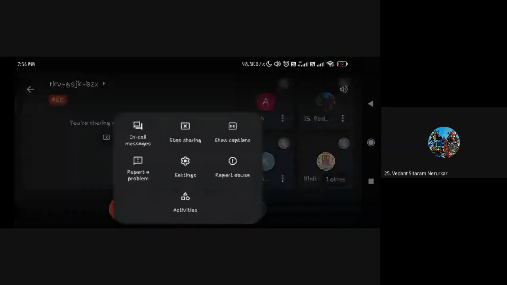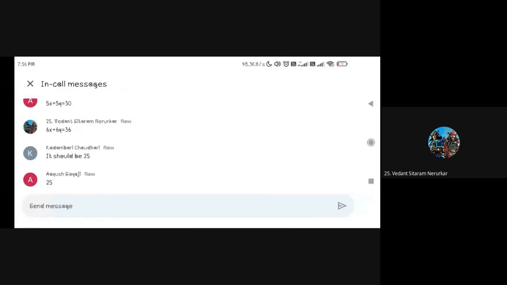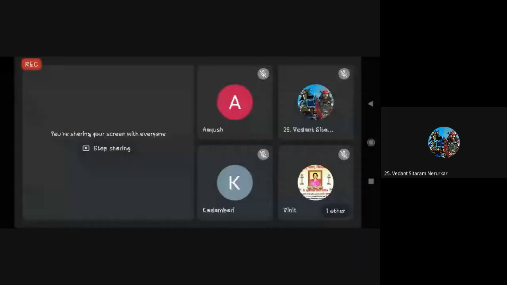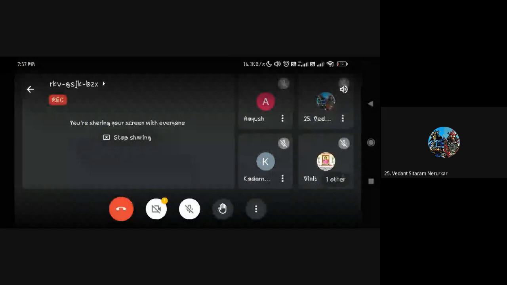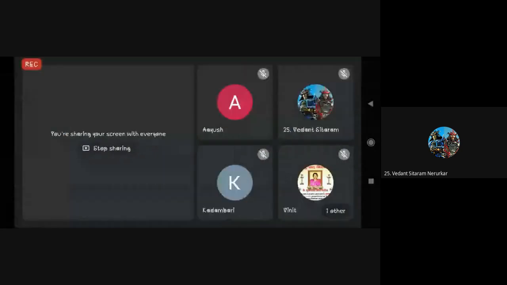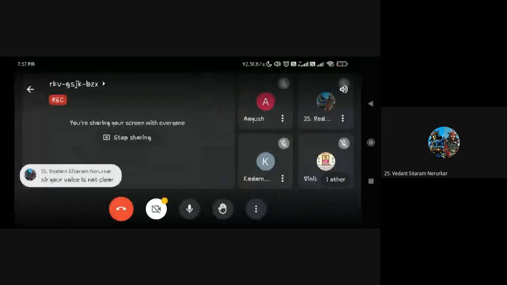Hello. Sorry, I was getting some call. Oh, yeah, it should be 25. Okay, so somebody has given me no 6x plus 6y is equals to 30. It should be Vedant. यहाँ पे 6x plus 6y is... Yeah, students, just a moment.